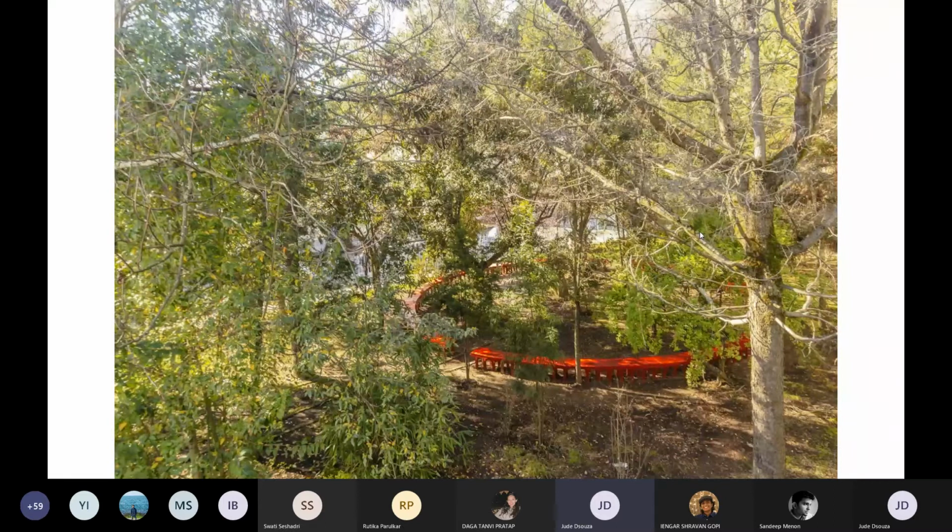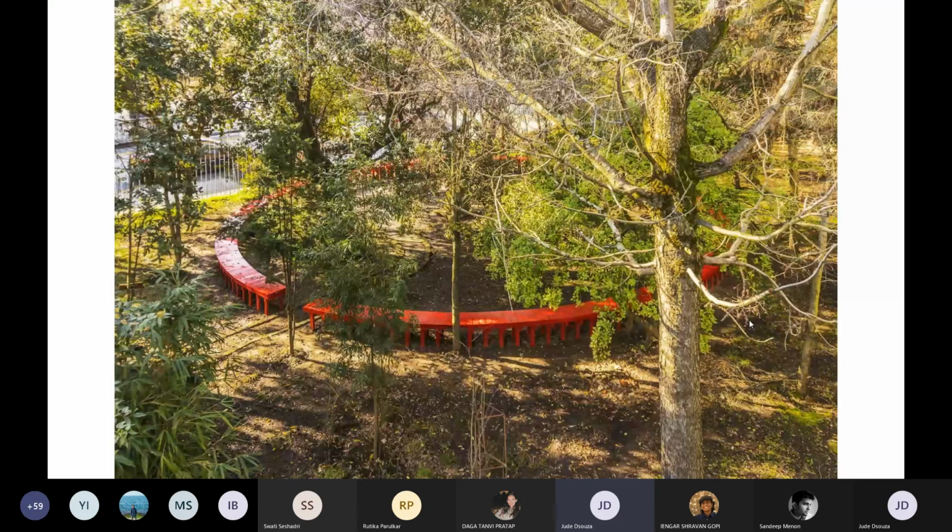So the intervention was the simple intervention of a perfect circle, called the Infinity Bench, and the path is maintained the way it is. All of the vegetation has not been touched. This is as it is. All the intervention does is ring this bench, and through that simple act, it creates a pause, a space of pause, a space for people to gather.